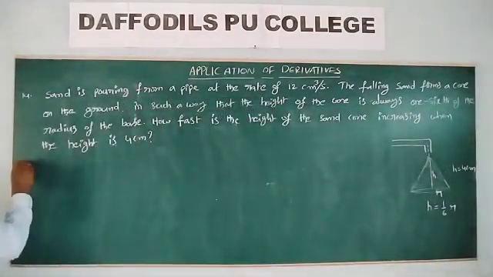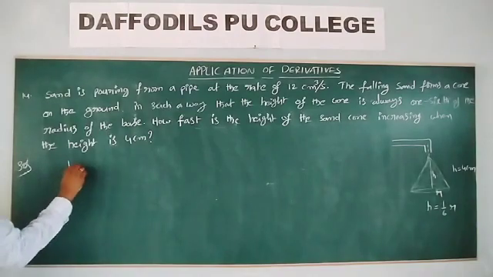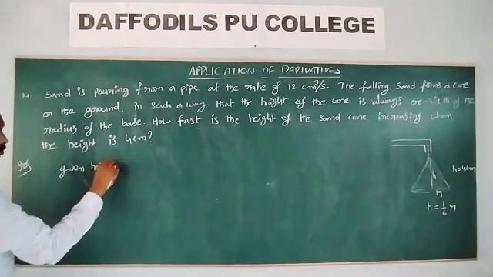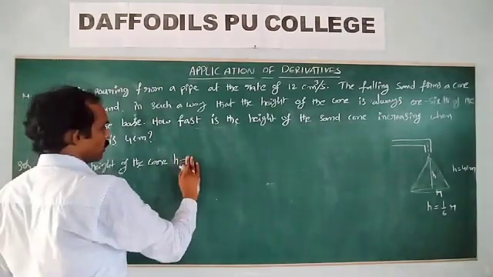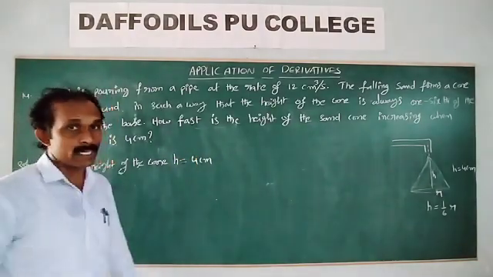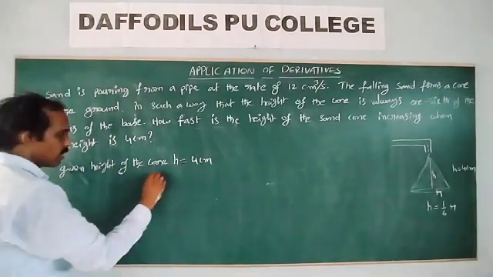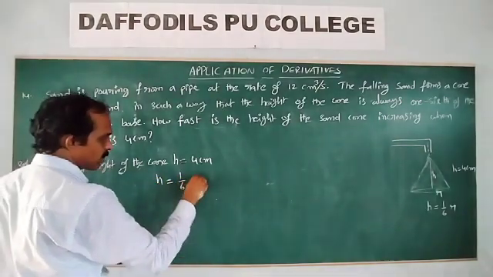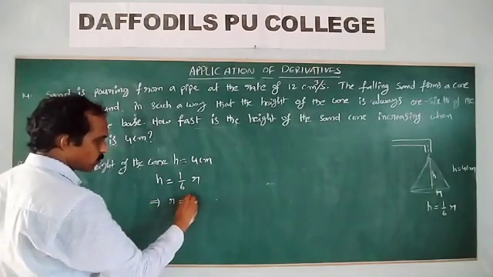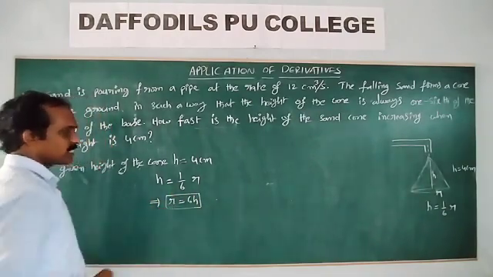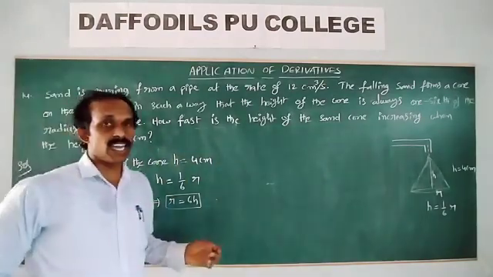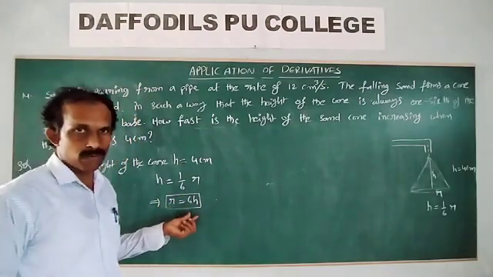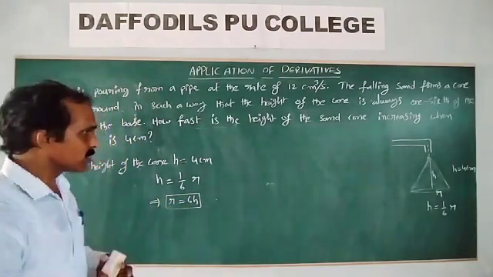First write the given data. Height of the cone h is equal to 4 centimeter. The next relation: h is equal to 1/6 of r, that implies r is equal to 6h. We will find the change in height, that's why radius is also converted in terms of height, r is equal to 6h.